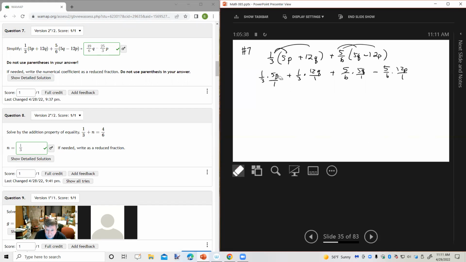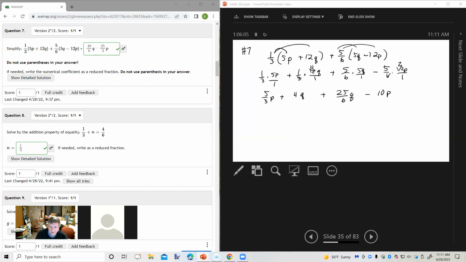Let's see if we can fix that one. So this is going to be what? 5/3 p plus 12 over 3 is 4, so 4q, plus 25/6 q minus 12 over 6 is 2, minus 10p.